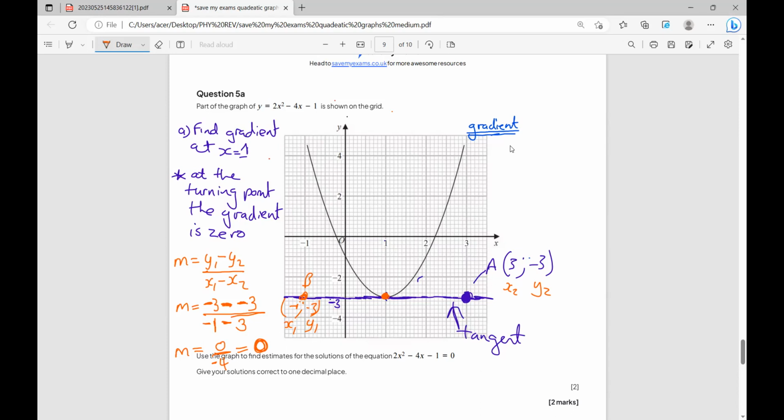Now, I just need to introduce one more thing that's going to be easy. Sometimes they'll ask you to use your graph to solve equations. Whenever you are solving equations with a graph, you need to find the points of intersection, right? Yes, sir. So let me just write this. Okay, I need you to write in your notes: solving equations.